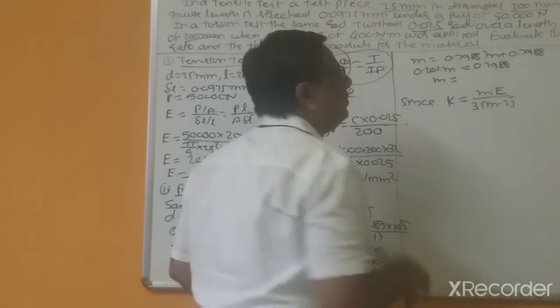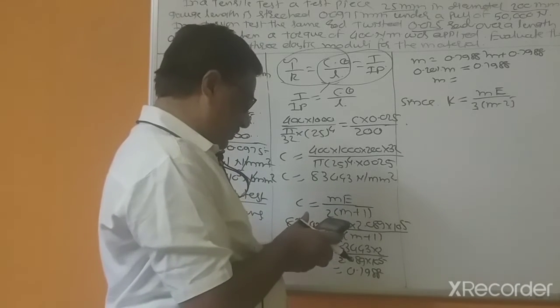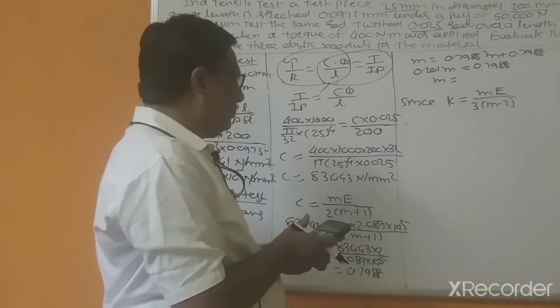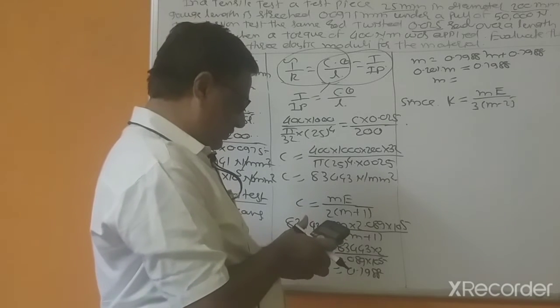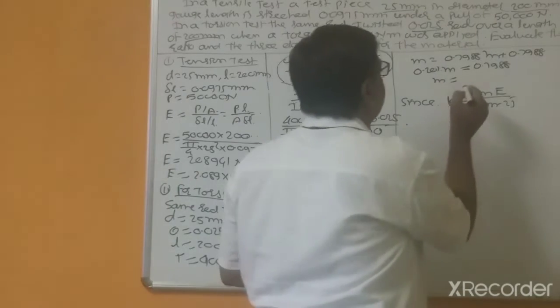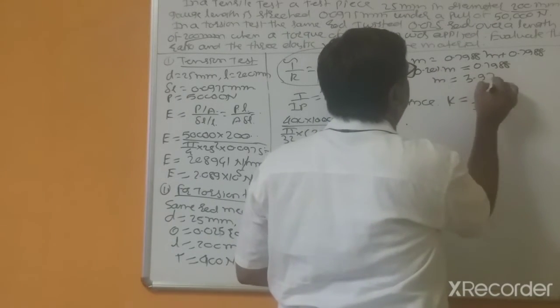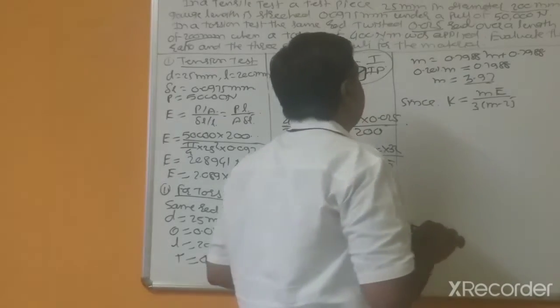So m equal to what? So 1 divided by answers multiplied by 0.79. This is 3.97. So this is 3.97 means 1 by m, that is Poisson ratio.